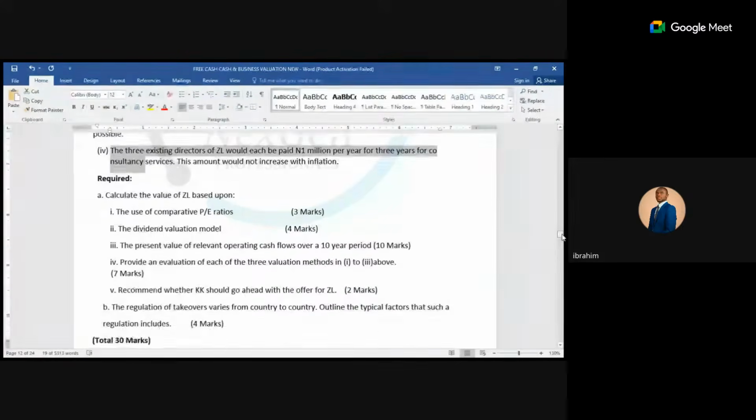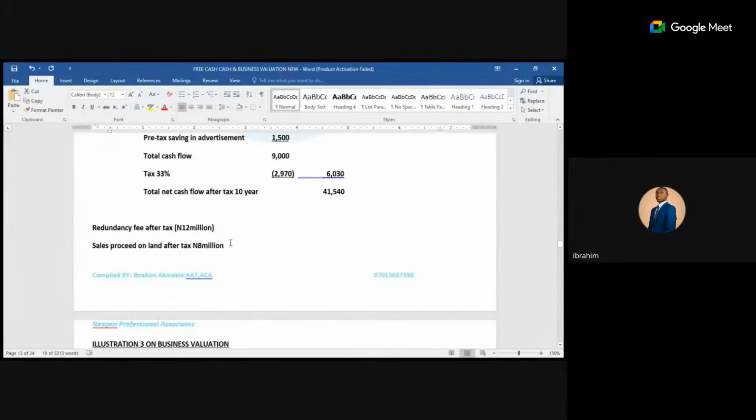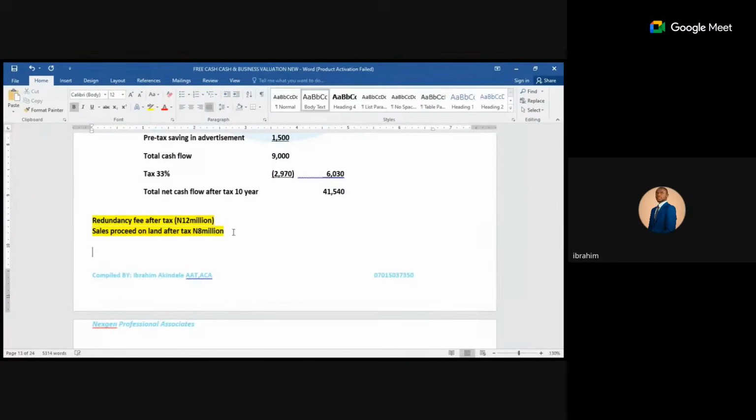So we can come here and say, directors, these are one off. Directors' remuneration, we pay them 1 million for 3 years.